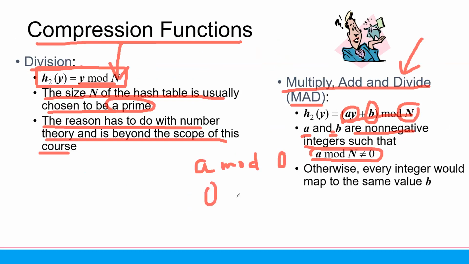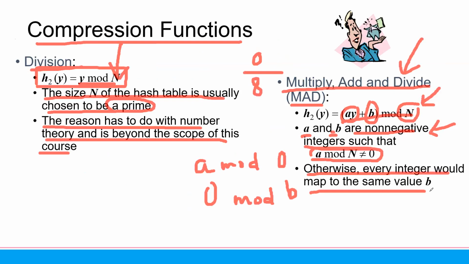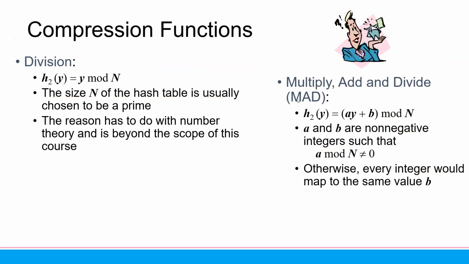Or if a is 0, then 0 divided by any number will be 0. So we need to limit that with non-negative integers, and then we can apply this formula. Otherwise, every integer will map to the same value. We will look at more details of how we can apply this.